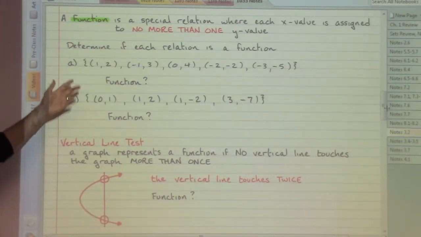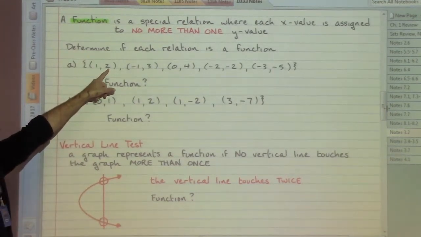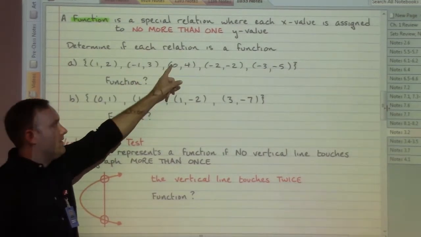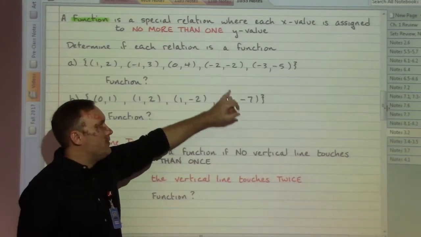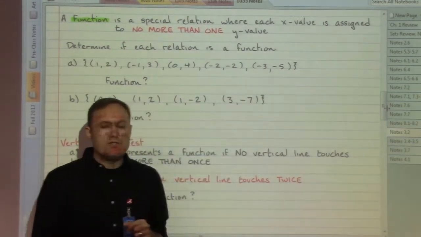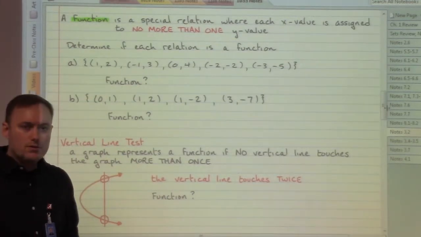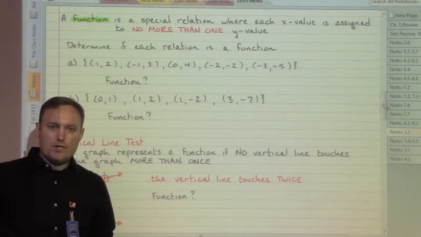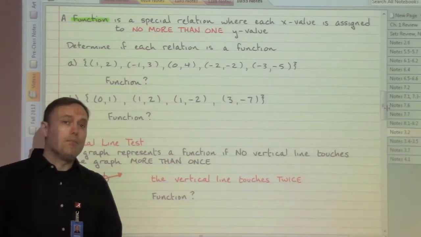So if we look at these lists, the 1 is in a relationship with 2, the -1 is in a relationship with 3, the 0 is in a relationship with a 4, a -2 is in a relationship with a -2, a -3 is in a relationship with a -5. None of those first numbers showed up as being in a relationship with more than one other number.